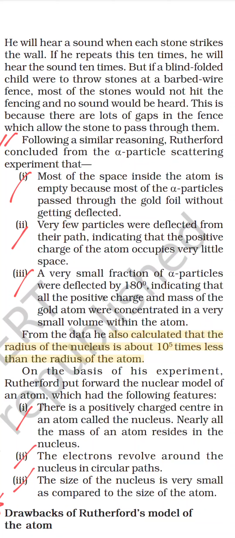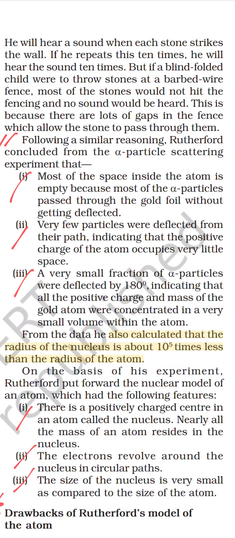Following a similar reasoning, Rutherford concluded from the alpha particle scattering experiment that, first, most of the space inside the atom is empty because most of the alpha particles passed through the gold foil without getting deflected.